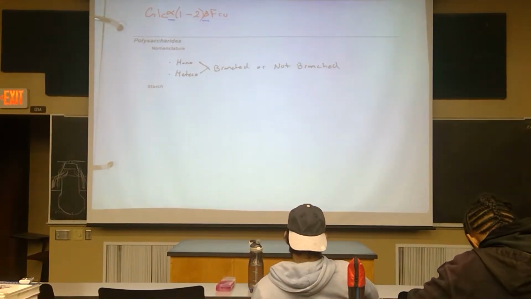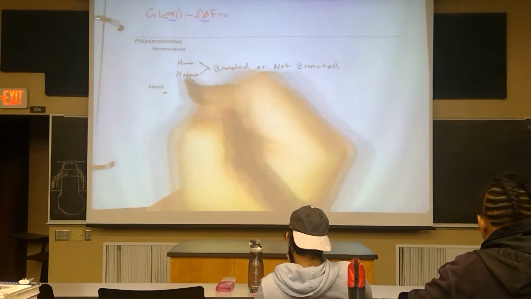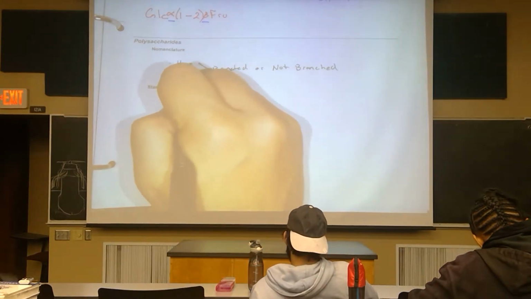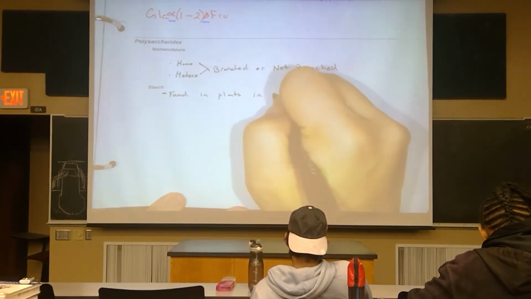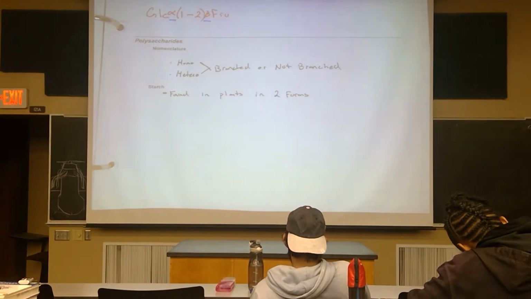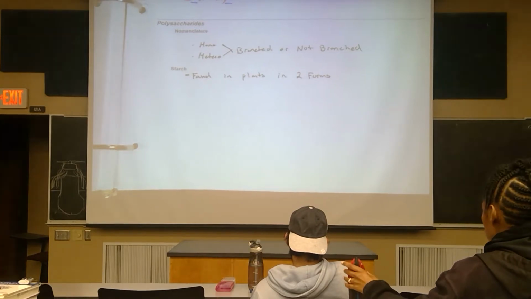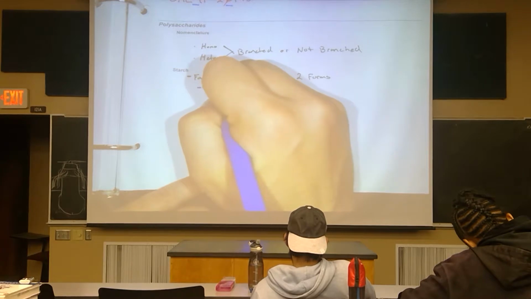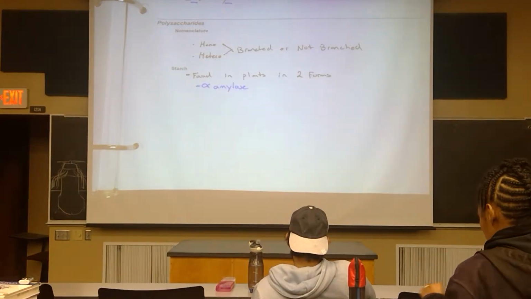First polysaccharide, we're going to talk about starch. It's found exclusively in plants in 2 different forms. It is found as amylose, alpha amylose.